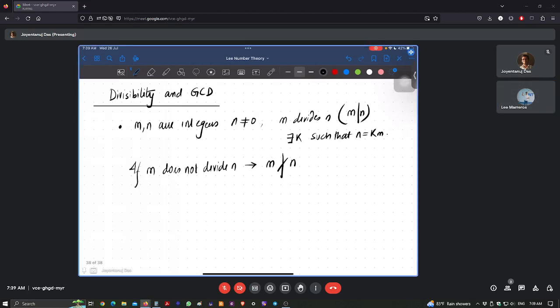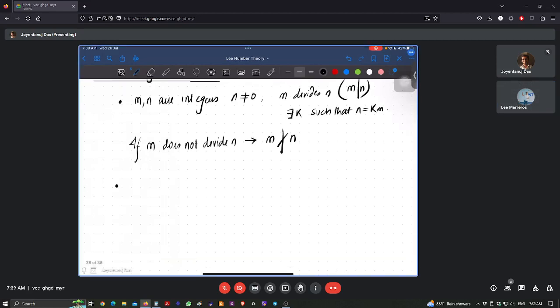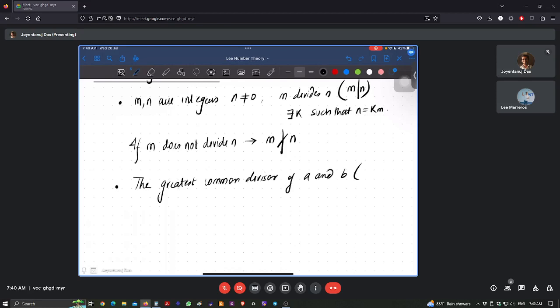Now the greatest common divisor, the definition is: the greatest common divisor of A and B, both not 0, otherwise it does not make sense, is the largest number that divides both of them.